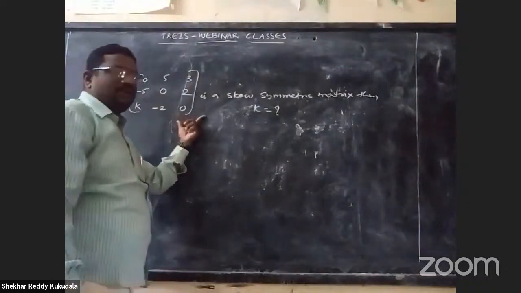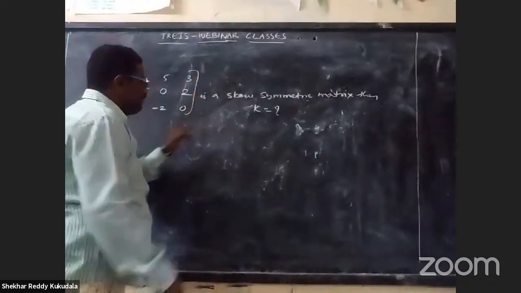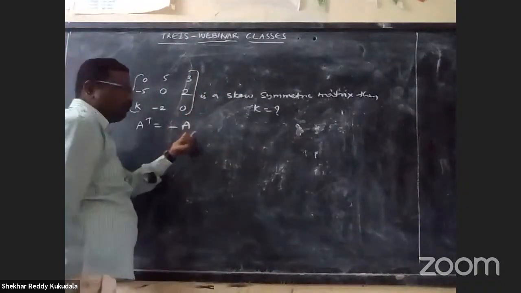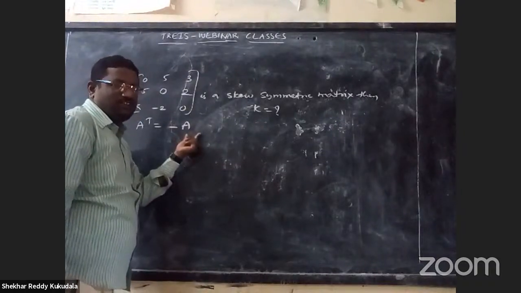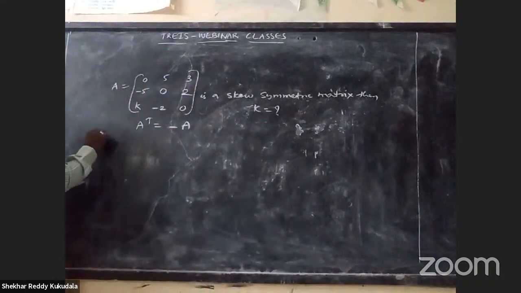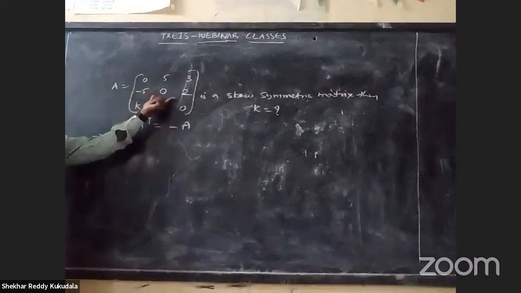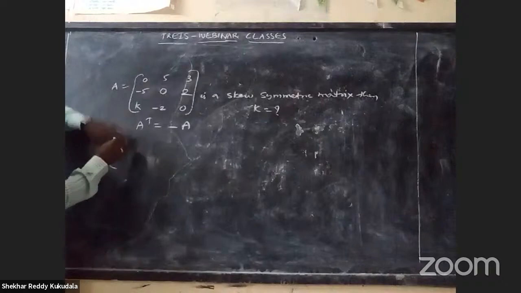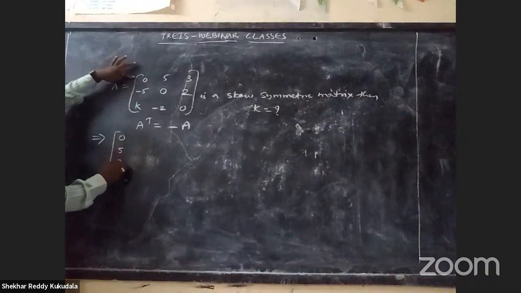Remember one thing: by the definition of a skew symmetric matrix, A transpose is equal to minus A. When this is the matrix A, its transpose has the first row written as the first column: 0, 5, 3.